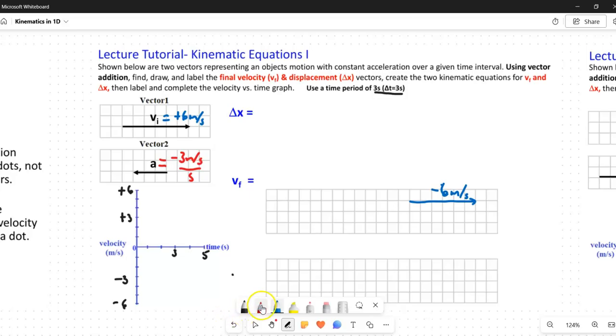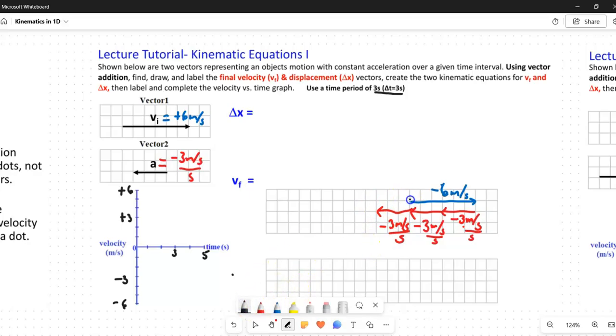And we have an acceleration vector that is -3 meters per second for the first second. And then we're going to have another -3 meters per second for the second second. And now we have a third acceleration vector, over the last second.